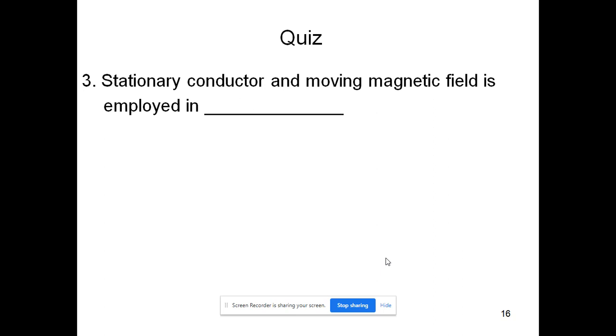Let us see the third question. Stationary conductor and moving magnetic field is employed in dash. A. DC generator. B. AC generator. C. Both A and B. Stationary conductor and moving magnetic field is employed in AC generator.